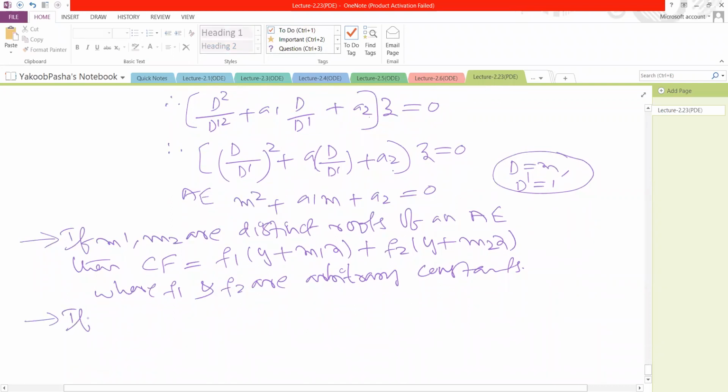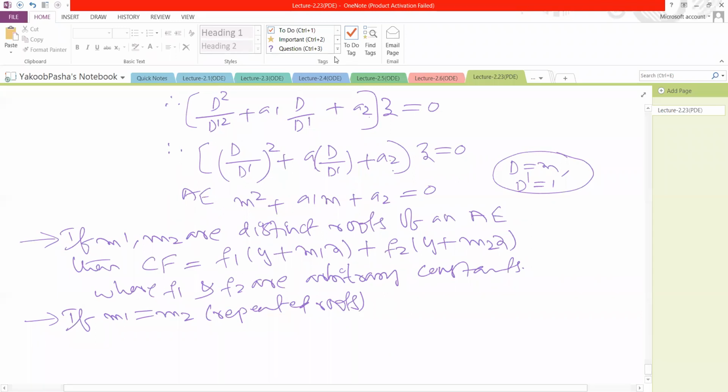If m1 is equal to m2, that means the roots are repeated roots.